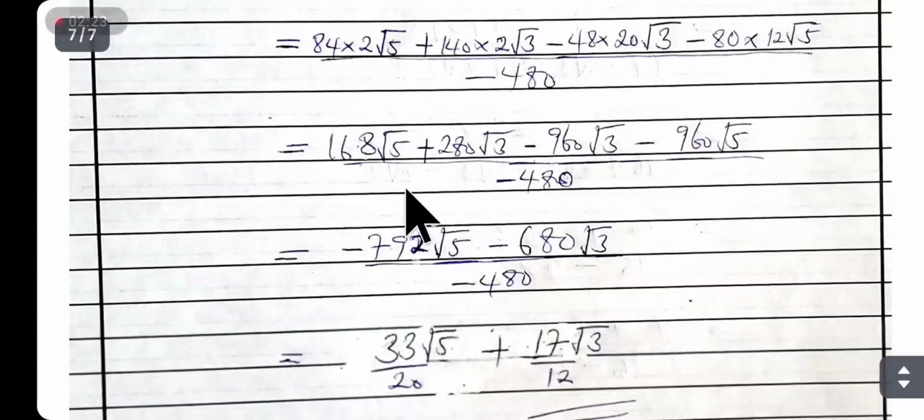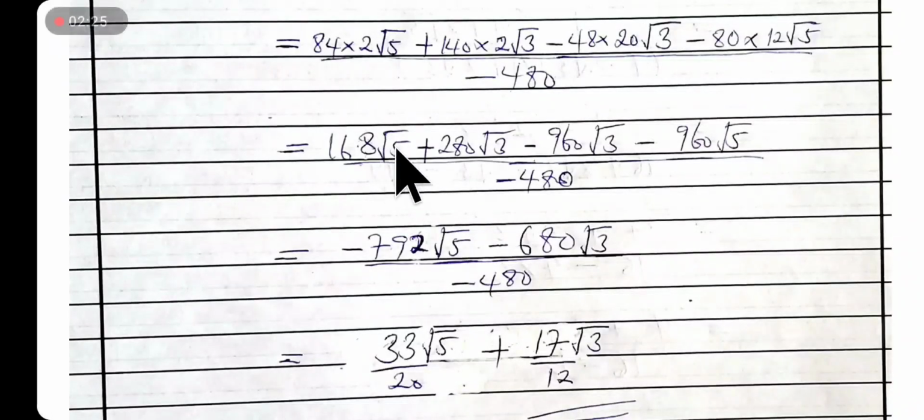Okay, so now that we have this, we discover that this is root 5, this is root 3, this is root 3, this is root 5. So those that have the same root, we can treat together. So 168 root 5 minus 960 root 5 will give us minus 792 root 5.